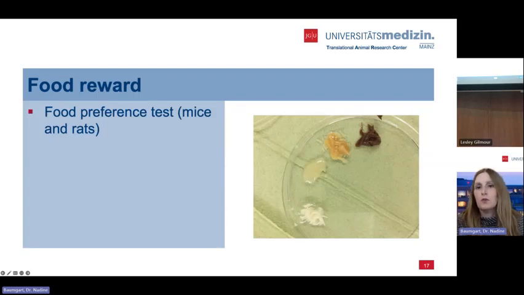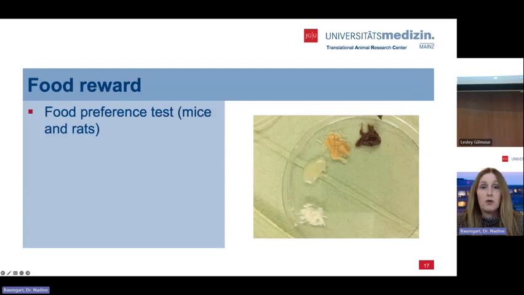Because we do not want to use food deprivation, here we use food with a pasty consistency, because then they can just have a short lick and are not occupied with eating the food reward for a while, and then obviously not working with you anymore as long as they eat.